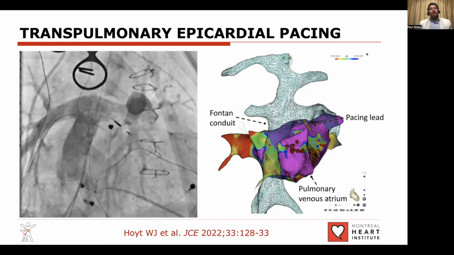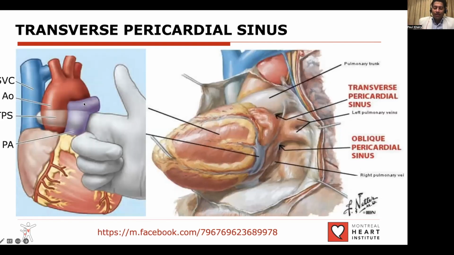And if you're wondering, where exactly is this lead going? Through a pulmonary artery on top of an atrium. It's in a space called the transverse pericardial sinus. Behind the pulmonary artery and aorta is this transverse pericardial sinus. It allows physiologically the aorta and pulmonary artery to expand during systole. It's certainly a space well known to cardiac surgeons.